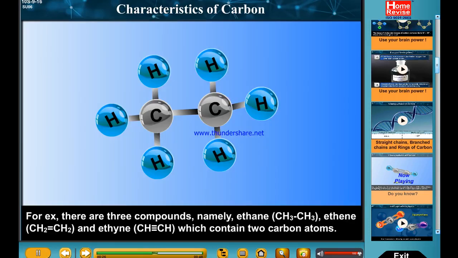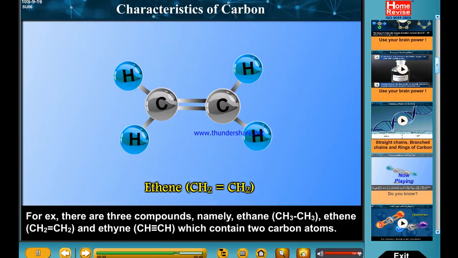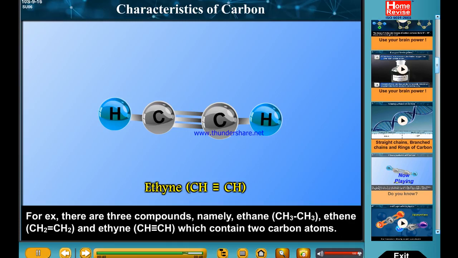For example, there are 3 compounds, namely ethane, CH3-CH3 with a single bond, ethene, CH2=CH2 with a double bond, and ethyne, CH≡CH with a triple bond, which contain 2 carbon atoms.